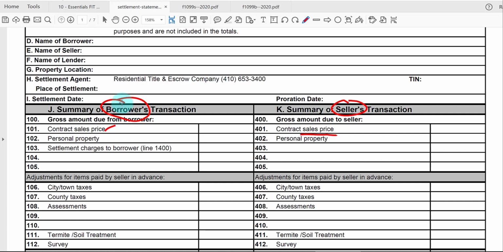So in addition to this section here, the seller may receive other types of money.